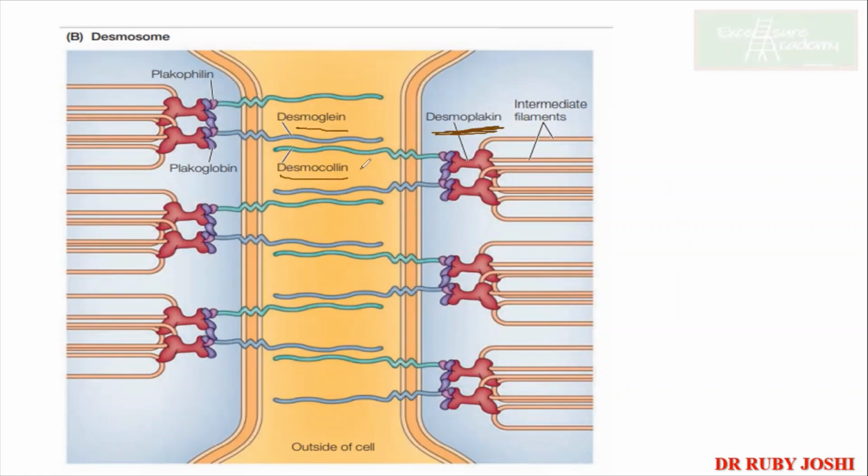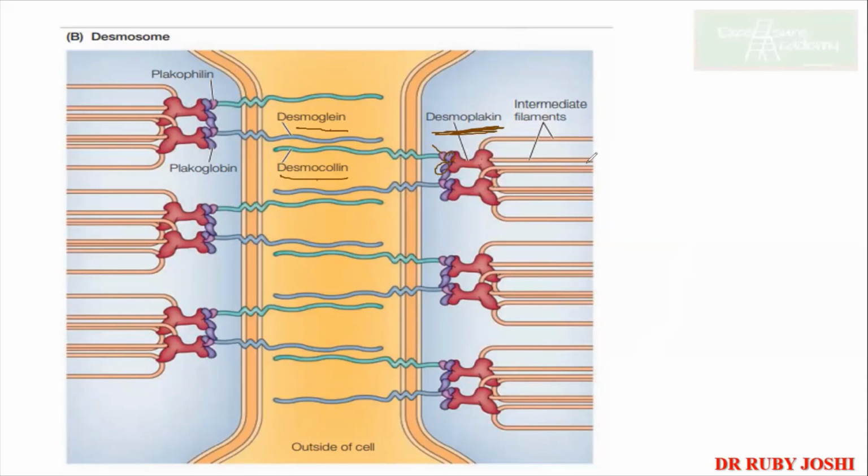These are the two proteins which make connections with the other cell, desmoglein and desmocollin. Okay, and again this is desmoplakin which is in connection with desmocollin and desmoglein with the help of the plakophilin proteins and plakoglobin proteins. Okay, these are your plakophilin, these are your plakoglobin, and all this are in connection with the intermediate filaments.